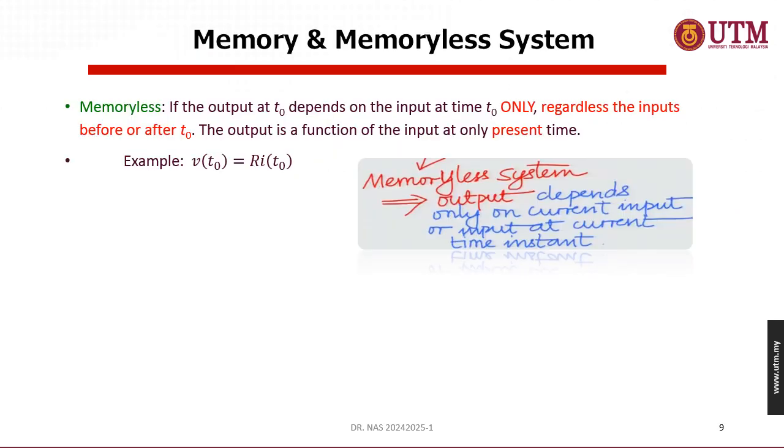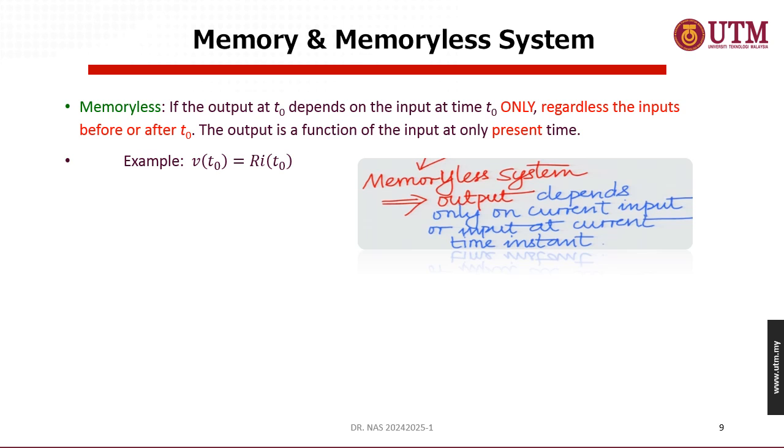Okay, next system classification is memory and memoryless system. So memoryless is basically a system that cannot remember anything besides its current state.